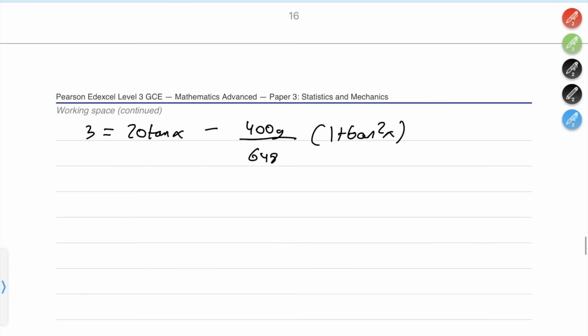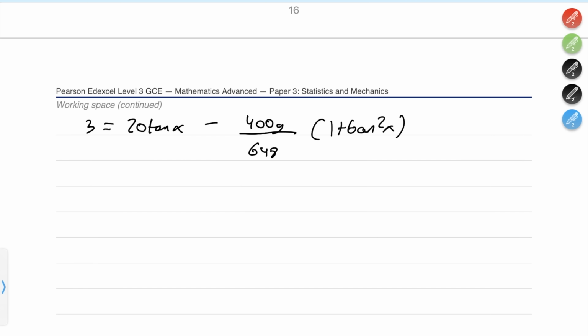So we're going to do some simplification here. Let's multiply by 648. So 3 times 648 is 1,944. We do 648 times 20. That gives us 12,960. Minus 400 times 9.8 is 3,920. So it'll be 3,920 minus 3,920 tan squared alpha.